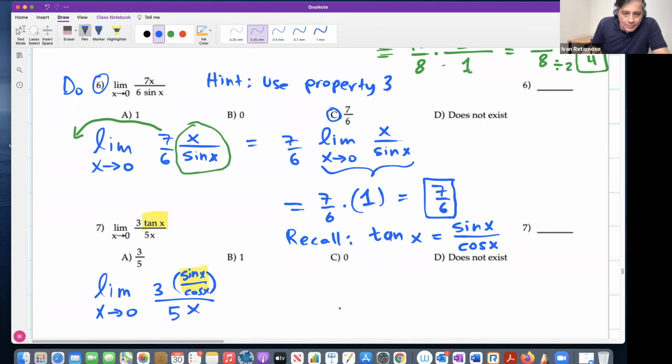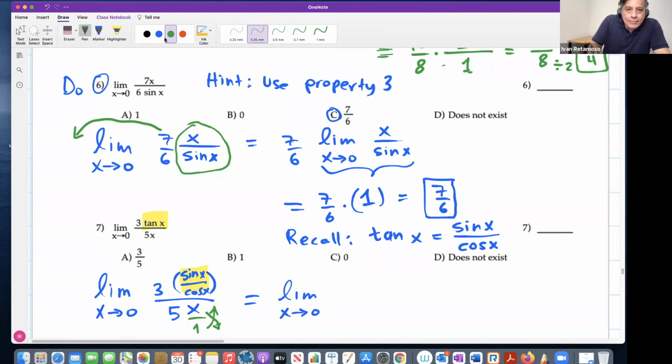Now, let's simplify this. This is going to be equal to the limit as x approaches 0 of what? Remember, when you divide, let's write 1 below the x, you flip the fraction on the denominator and you multiply, right?